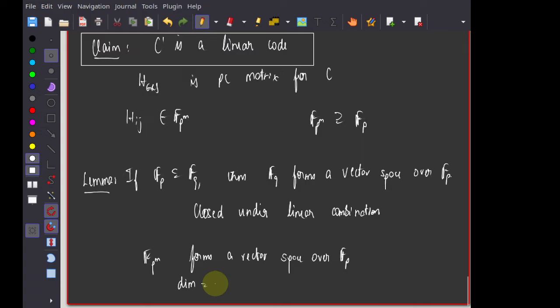Okay. How did we construct a finite field FP to the M from FP? What is one way to construct FP to the M? Give an irreducible polynomial. Look at the set of residues modulo that irreducible polynomial. So what did the elements of the big field look like?